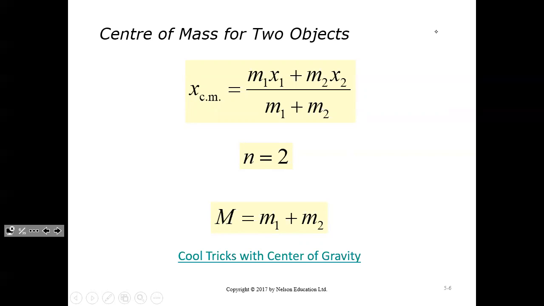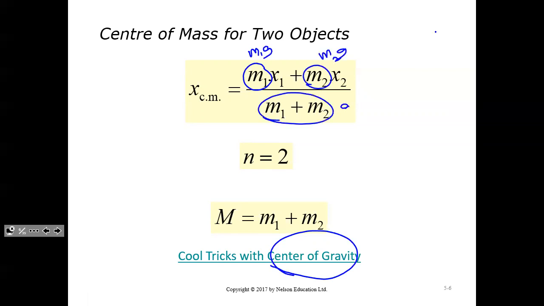Now, there are nice tricks with this center of mass. Also, we call it center of gravity. There is no difference between center of mass and center of gravity, because if you take this equation, I can replace m1 by its weight, m1g, and m2 by its weight, m2g.